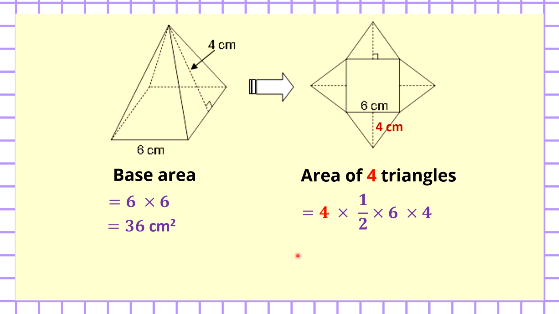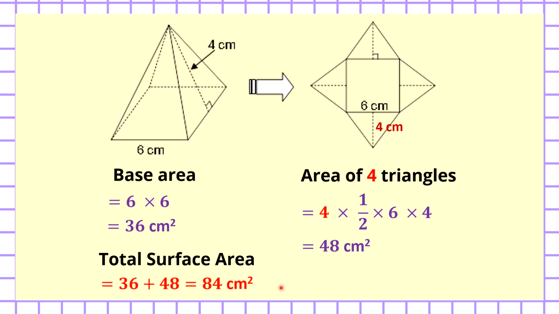Putting this together, the area of the 4 triangles is equal to 48 centimeters square. Now, I want to find the total surface area. Total means the sum. So the total surface area is simply 38 plus 48, and this will give us 84 centimeters square.